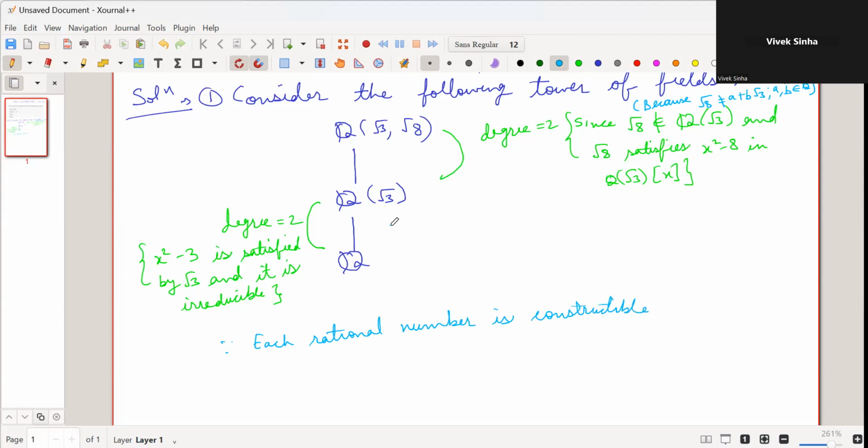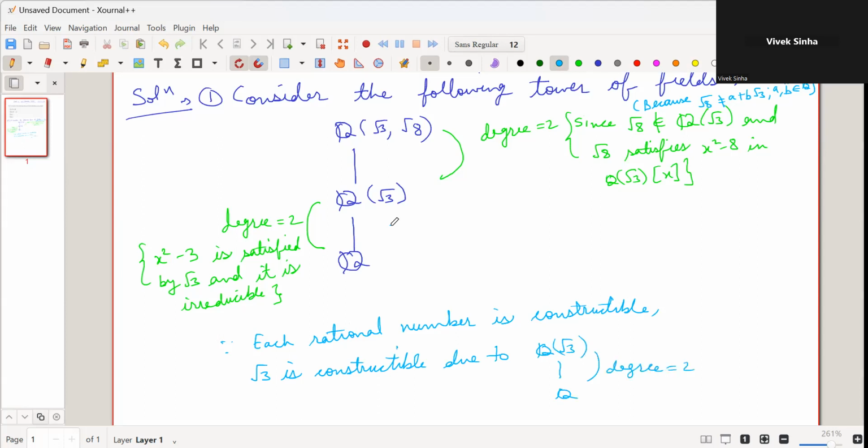That is always true. Also root 3 is constructible due to this tower, Q root 3 and Q, and it has degree 2.